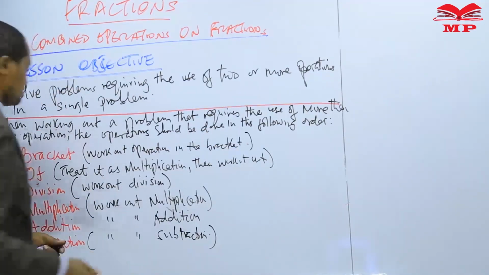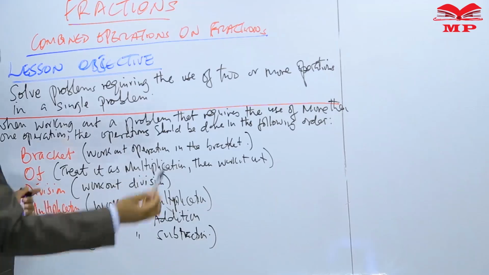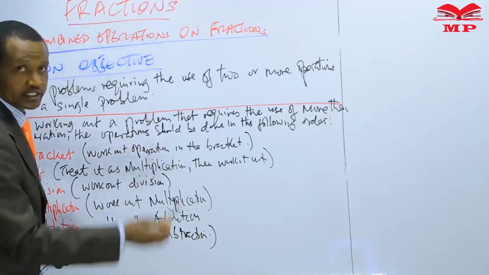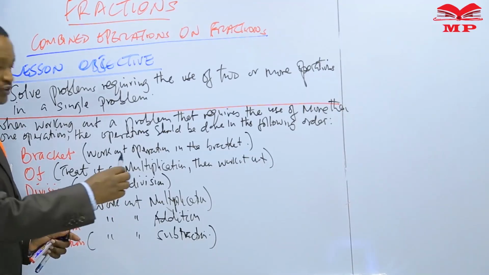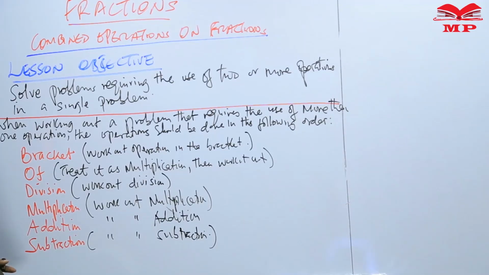After you are through with that, if there is off within that problem, you treat that off as multiplication, then work it out. Division is the next operation. You divide, followed by multiplication, addition, and subtraction.